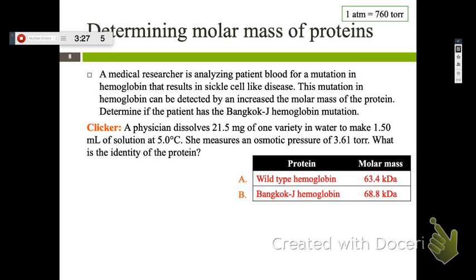And if you guys look at the back of the page, there's a lot of information there that you might need throughout the class. That's the R factor. There might be conversion factors, there might be constants.